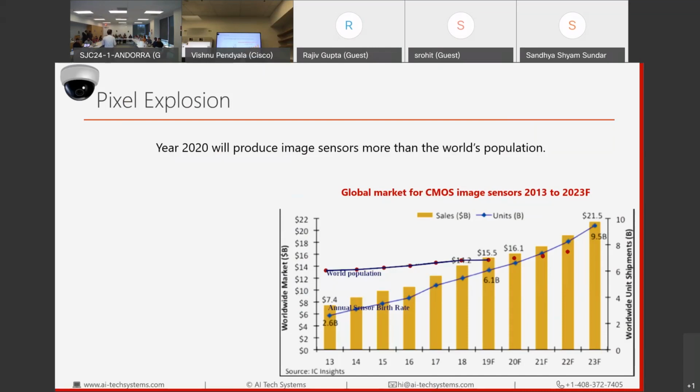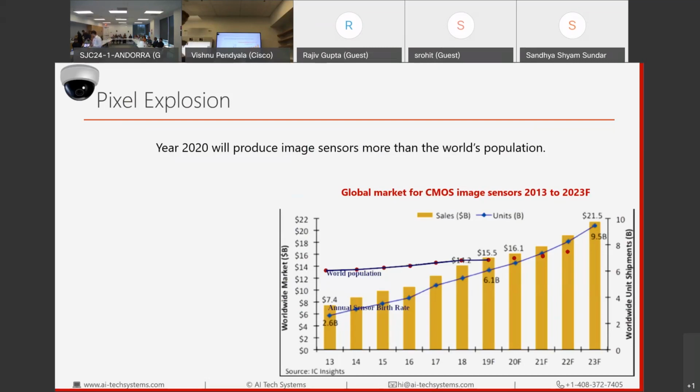And given that a sensor's life is about 3 years, you can combine these three pillars and come up with the sensors that are working today. So if you go by that number, the number of sensors has already surpassed the human population. There are about 20 billion sensors that exist today worldwide, and this is almost 3 per person.